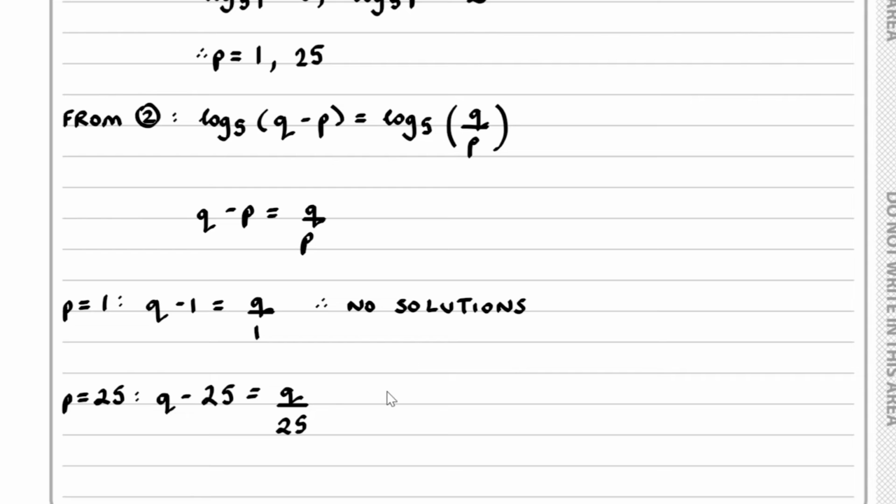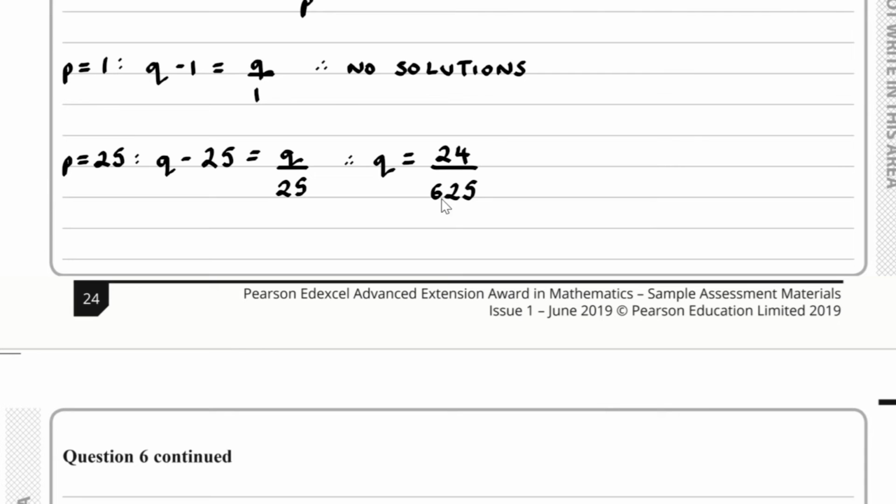And from this, we can see that q is equal to 24 over 625. So there is only one set of values of p and q which satisfies this. We've got p equals 25 and q equals 24 over 625 only.